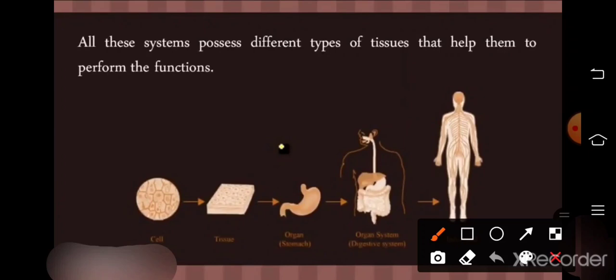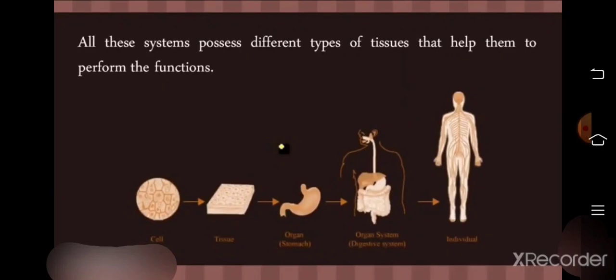All these systems possess different types of tissues that help them to perform their functions. Tissue makes a group, or we can say tissue makes the organ and organ system. So these perform different functions in the body.